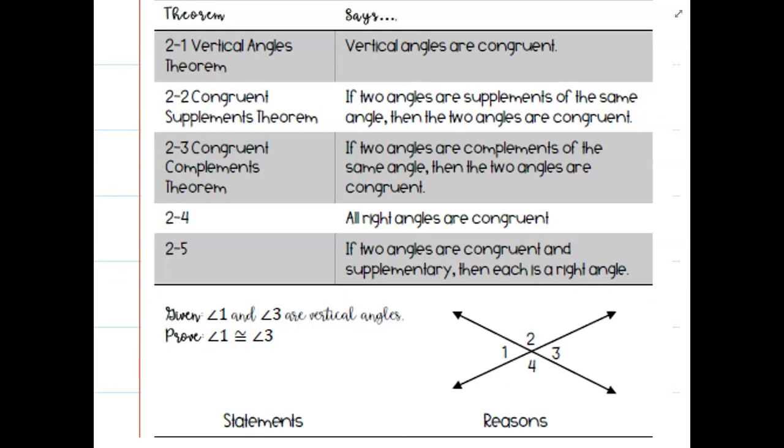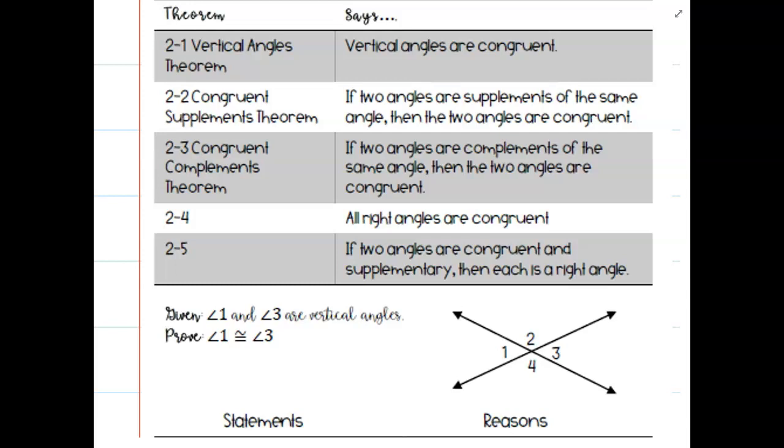Theorem 2.2 and theorem 2.3 are super similar. They are the congruent supplements theorem and the congruent complements theorem. This basically says, you've got 3 angles. You've got your first angle, and there's another angle that is its supplement, which means these 2 angles add to be 180.